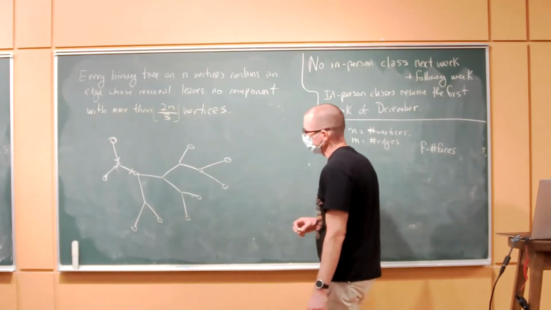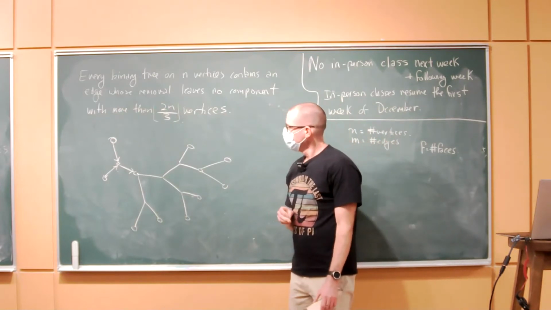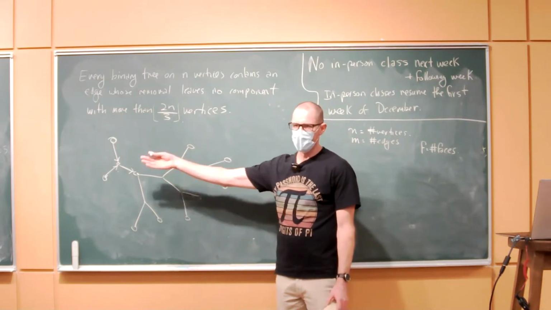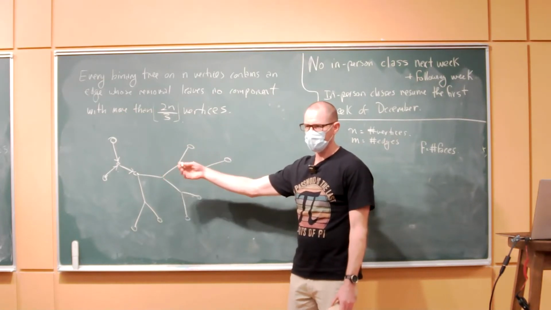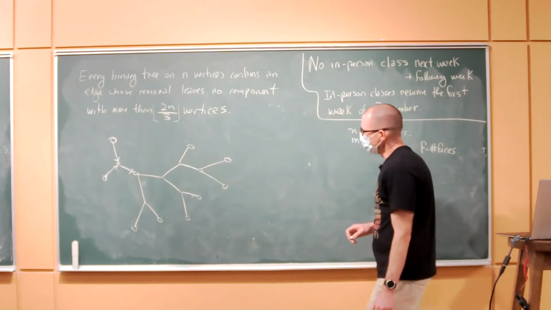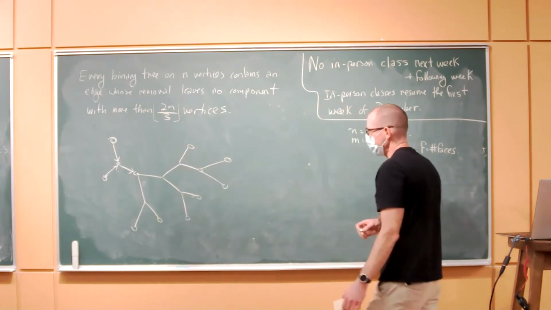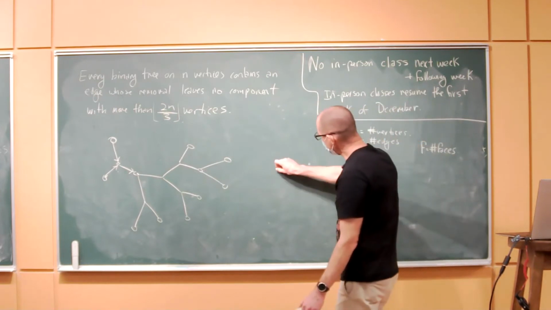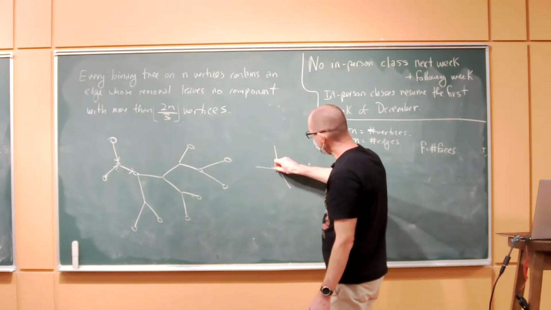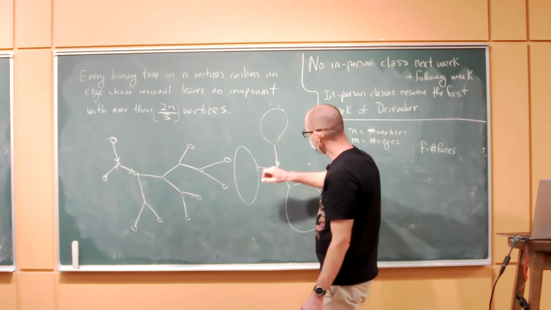Okay. And I claim that if we do that, there has to be an edge that we don't point anywhere, meaning it has no side with more than 2n over 3 vertices. Why is that? Well, if every edge has a direction, we saw that at the leaves the edges point towards the middle. So we'll eventually get to some vertex that has 3 edges coming into it. What do those 3 edges mean?